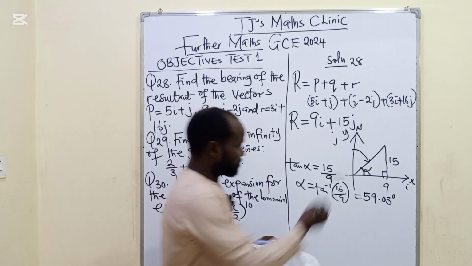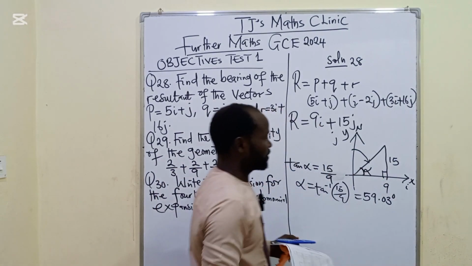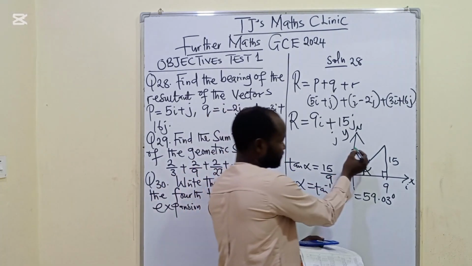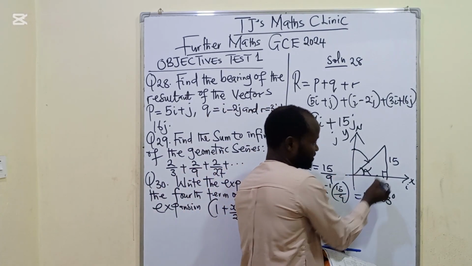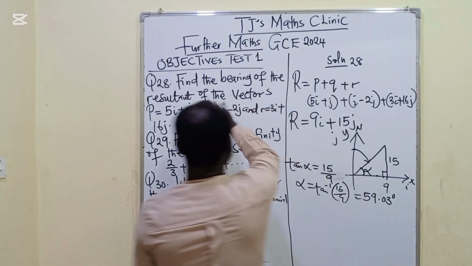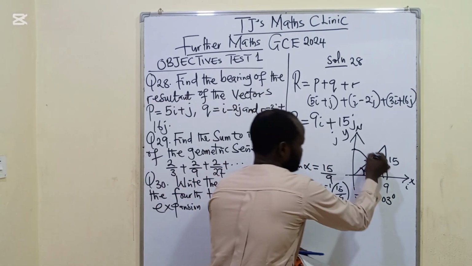We're looking for this other angle here. On our Cartesian plane, or our cardinal points, from this north pole to this east is 90 degrees. We are asked to find the bearing of the resultant. This is the resultant here.